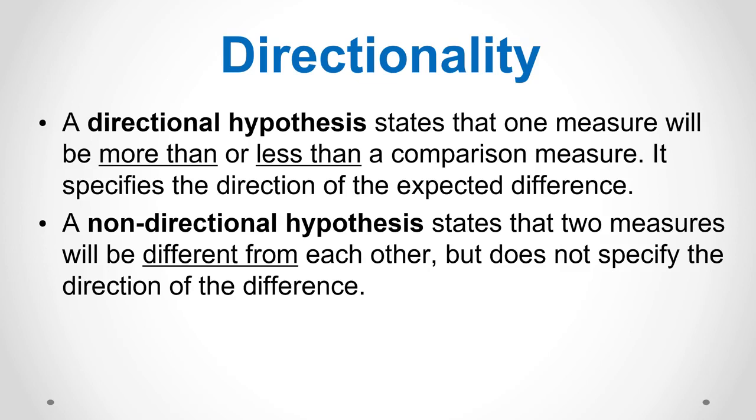In a two-tailed hypothesis test, or non-directional hypothesis, the researcher does not predict the direction of an effect or difference, more than or less than. Typically, the question will be, is there an effect, or is there a difference? This signifies a non-directional hypothesis.